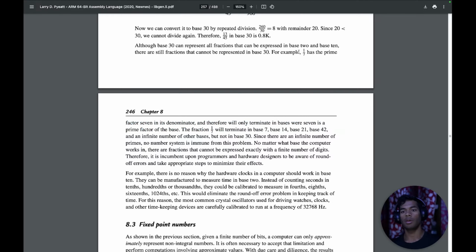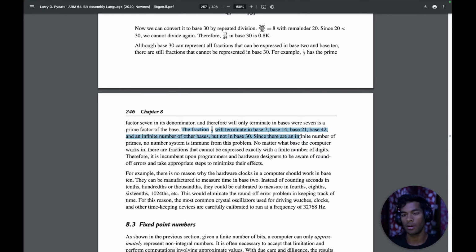The fraction 1 by 7 will terminate in base 14, base 21, and base 42, and an infinite number of other bases, but not in base 30.